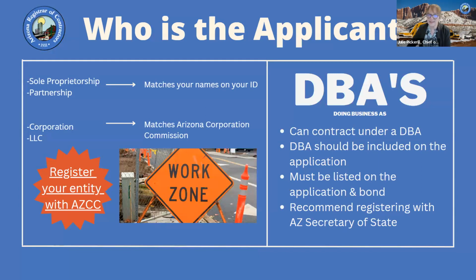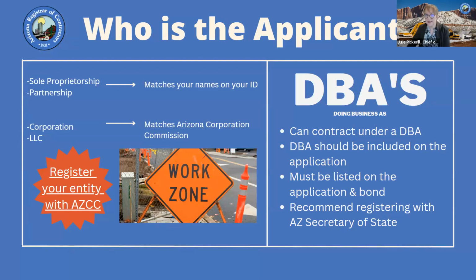Corporations or LLCs, that's the name that you register with the Arizona Corporation Commission. Again, you can have a DBA, but you are not required to. You can contract under a DBA. So if you're Adam Smith doing business as Home Builders, you can list that as Home Builders. That's the name of your company if you want to. A DBA should be included on the application and on your bond if you are using one.